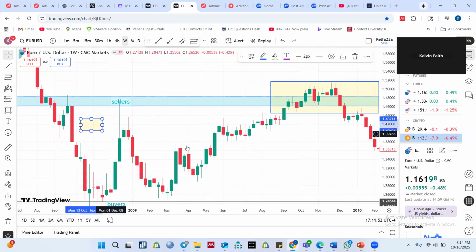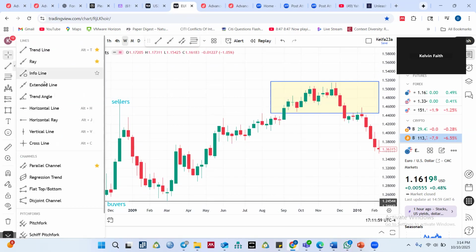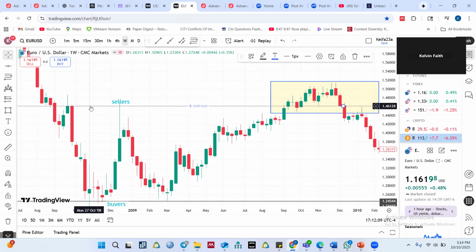So let's say, for example, we are taking this rectangle off. Where would we target for that place? You see this red candle, exactly where the body is, I put my line there. Let me color it red, blue, and let me make it big.